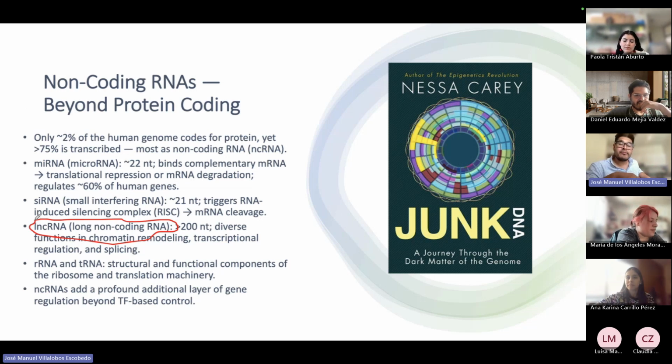Now we know they are super important because, previously, when people started the human genome project, they saw that just 2% of the genome is able to produce protein, and the rest of the genome codes for nothing. At first people thought this was a chunk of DNA, a region that is not important because it does not produce protein.